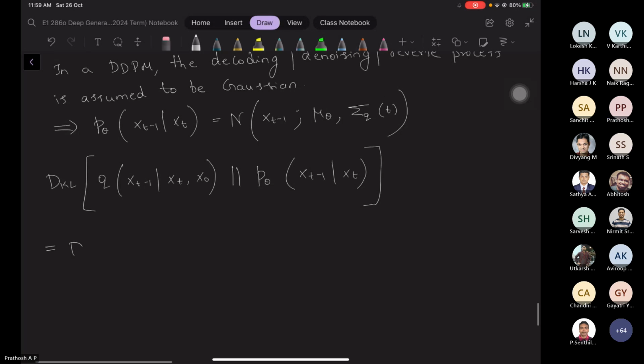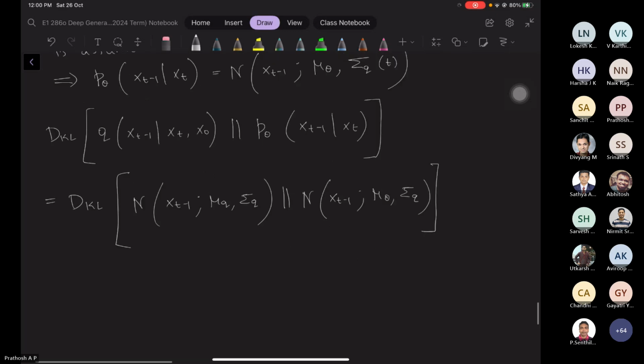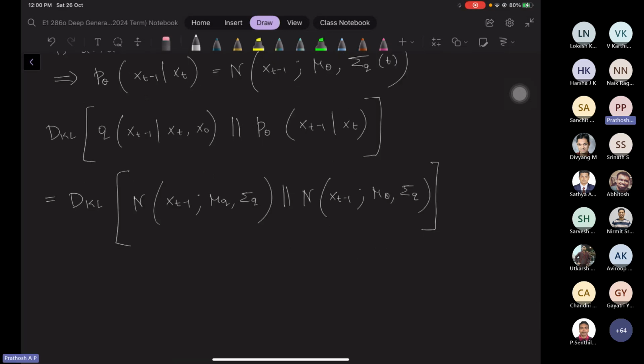This is now a KL divergence between a Gaussian parameterized at mu q and sigma q, and a Gaussian parameterized as mu theta and sigma q. Is this all right?